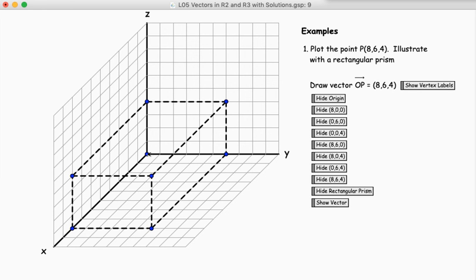Now the vector is going to connect the origin to this point here, and it's going to look like that. We can't get a feel for perspective here, so maybe what I'll do at some point is pause so that I can show you in some 3D modeling what that vector would look like. And there's our vertex labels.